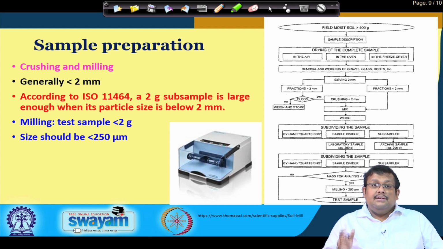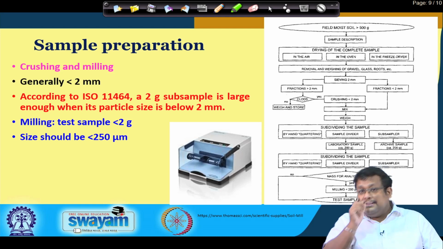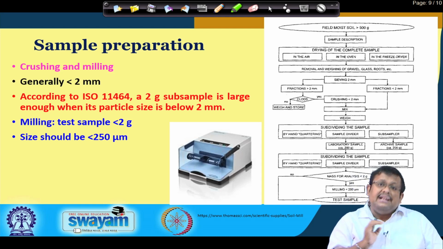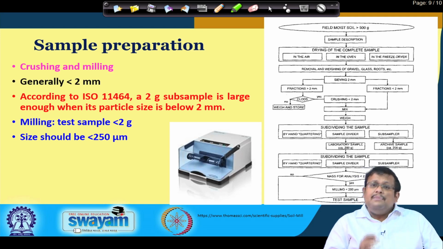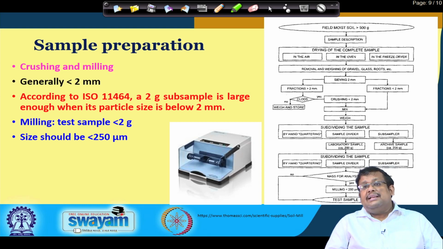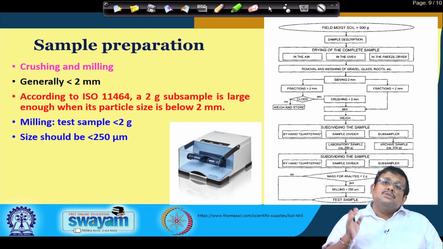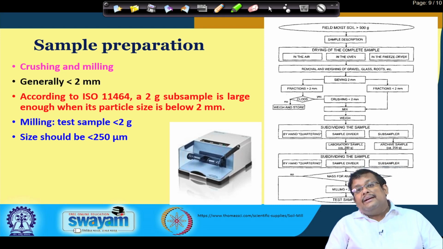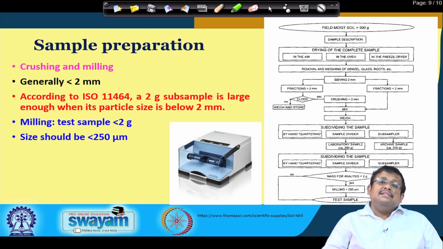However, milling is done when the test sample is less than 2 gram. Why is milling done? To further decrease the particle size, and generally the size in the milling process goes below 250 micrometer. So, here you can see this is a miller.